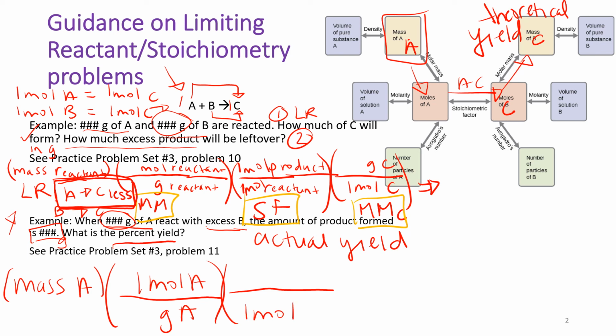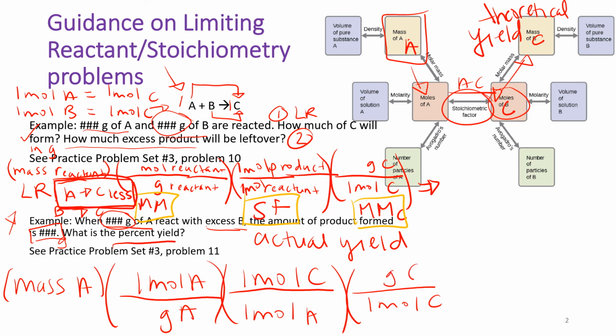So 1 mole of A reacts with 1 mole of C. From here, now we use that to get to moles of C, and then you just use your molar mass of C. We get grams of C. So this right here is your stoichiometric factor. This right here is your molar mass of A. This right here is your molar mass of C. From here, you will get mass of C, your theoretical yield.